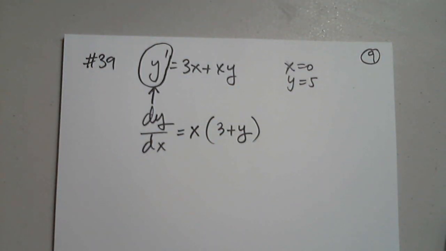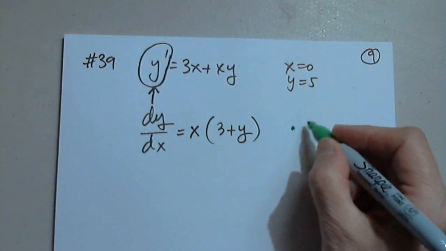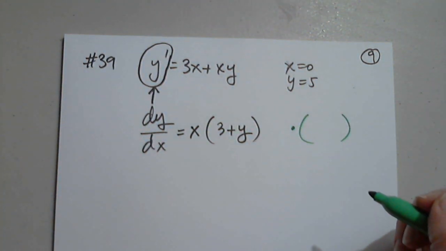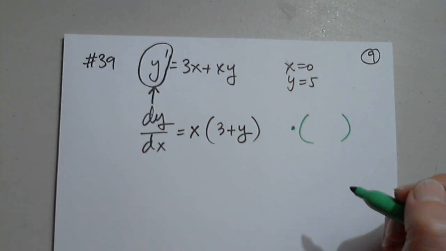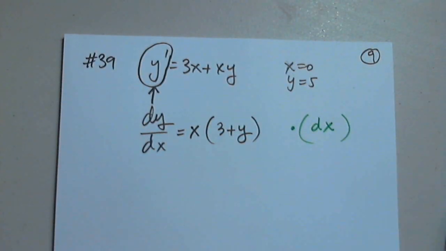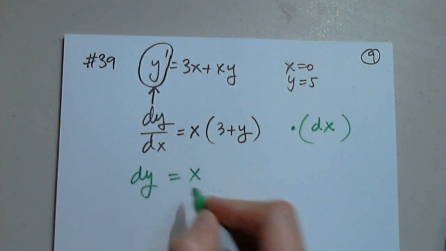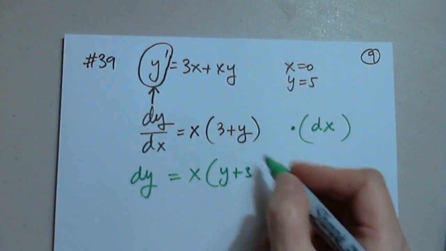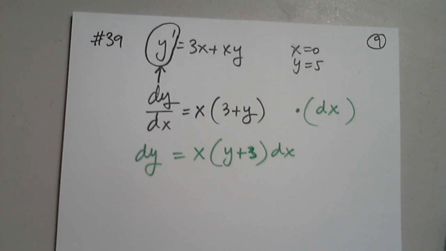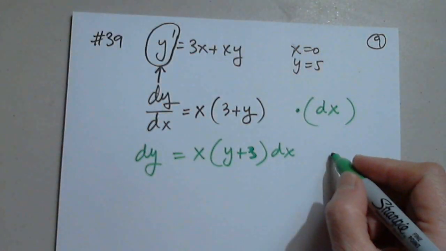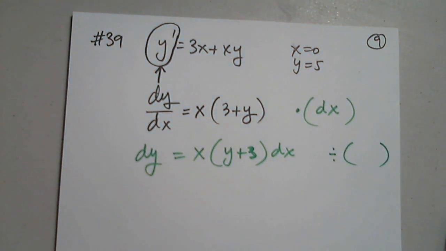Multiply by dx. That's it. So I have dy equals x, y plus 3 in the correct order, times dx. What do I need to do now in order to separate them completely? Divide by y plus 3.